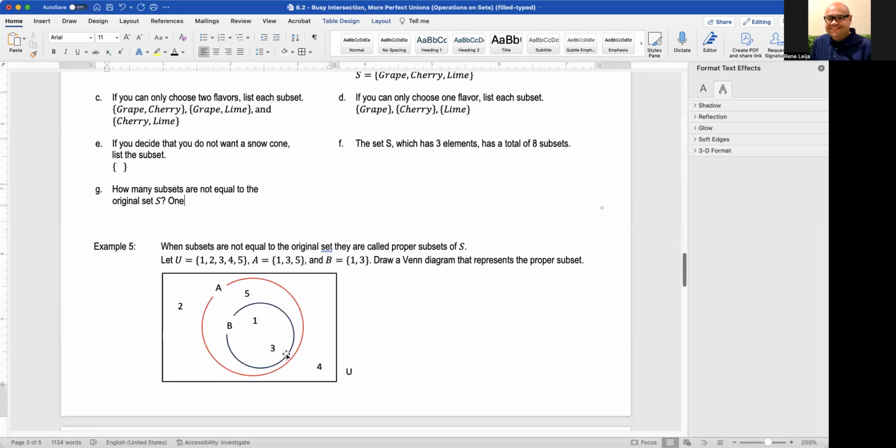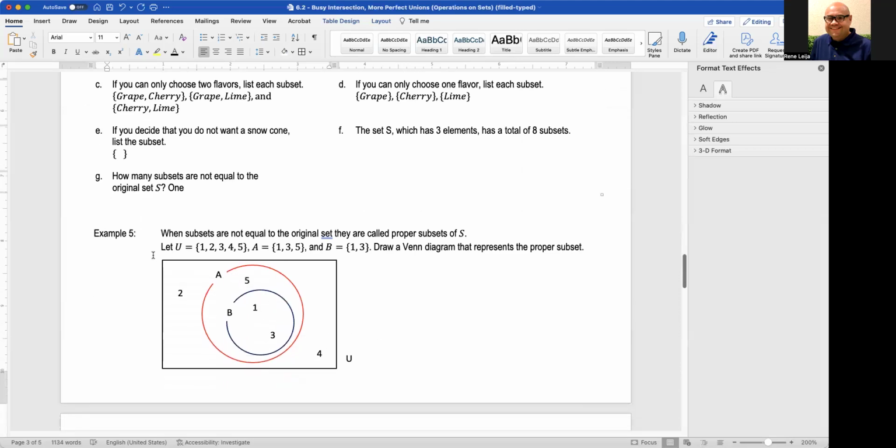Now, example 5. When subsets are not equal to the original set, they are called proper subsets. So our universal set is the numbers 1, 2, 3, 4, 5. A is the set 1 through 5, and B is the set 1 and 3. So draw a Venn diagram that represents the proper subset.